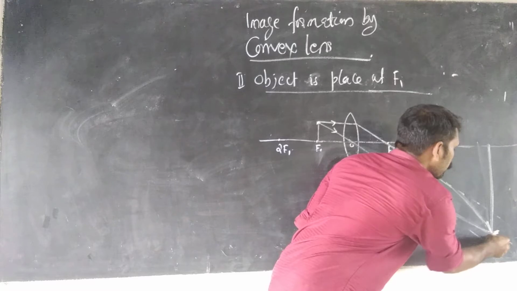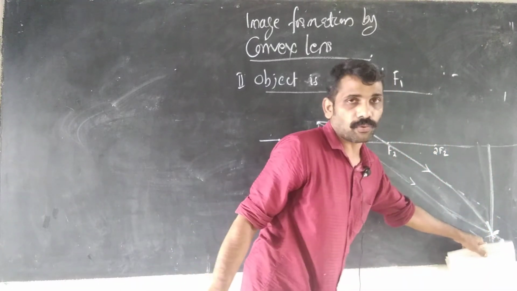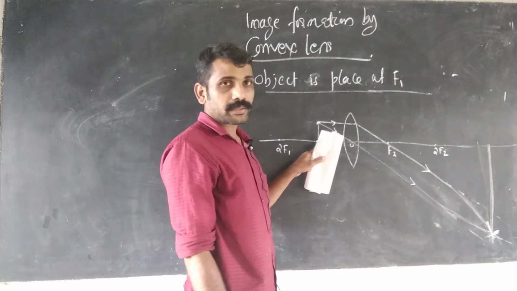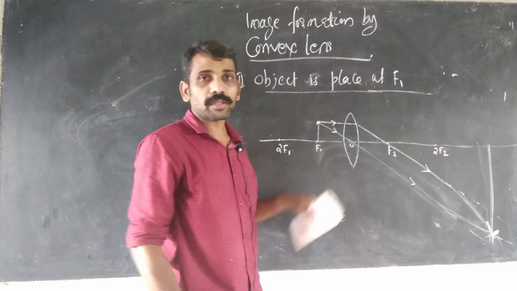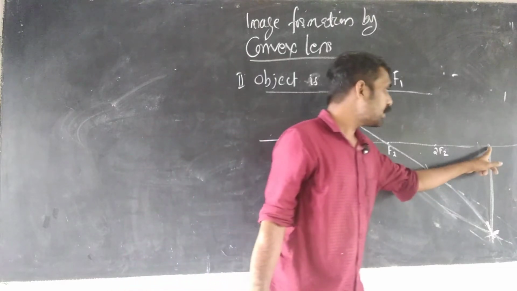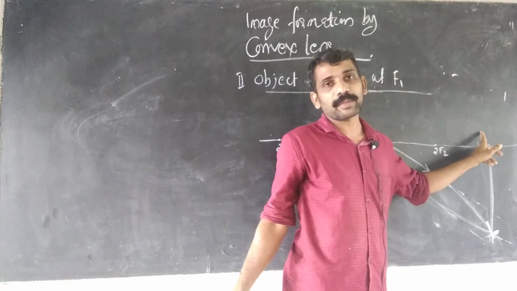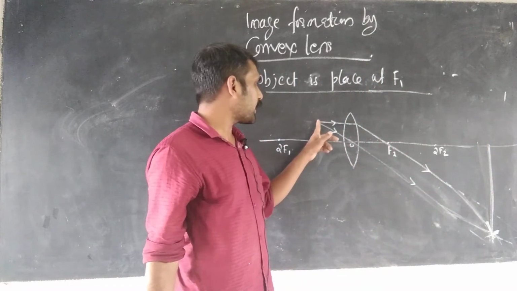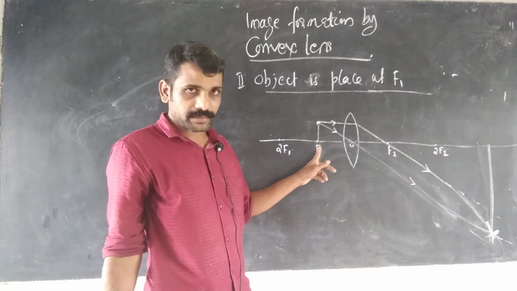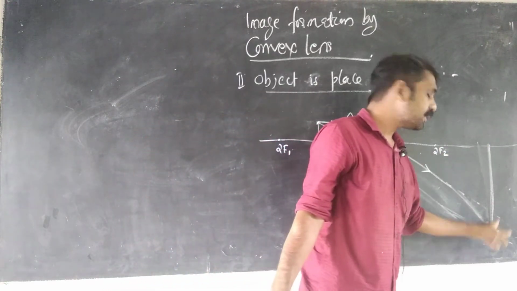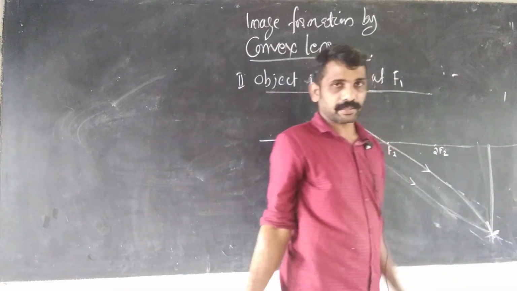Then here what will be formed? The image head is formed. And this is the leg of the object. The leg of the object is placed on the principal axis, and here also the leg of the image is placed on the principal axis. And the line connecting head and leg is a straight line. Here also the line connecting head and leg is a straight line.